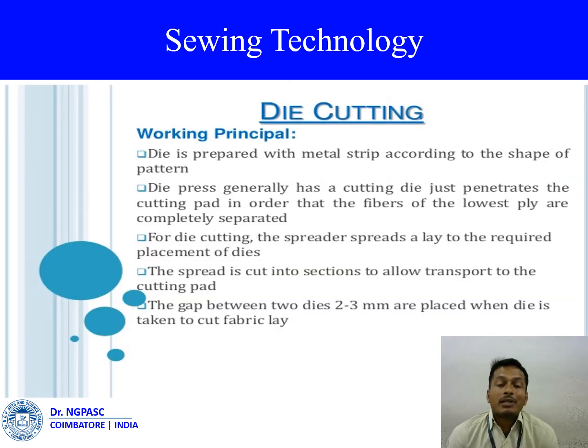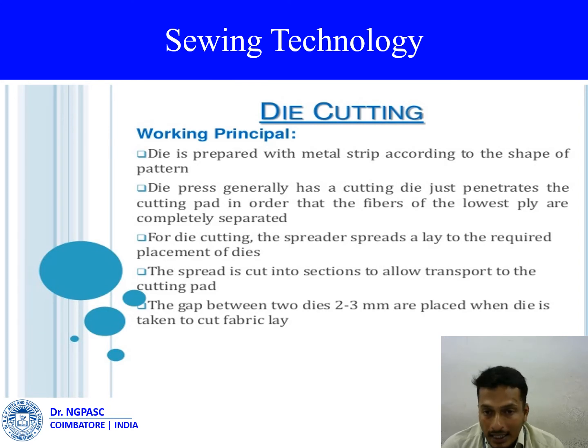Next one, working principle of the die cutter. The die is prepared with the metallic strip according to the shape of the pattern, because we have the pattern. Based on that, we have to prepare the metallic strip to cut the fabric. A die press generally has a cutting die that just penetrates the cutting pad, so that the fibers of the lowest ply are completely separated.